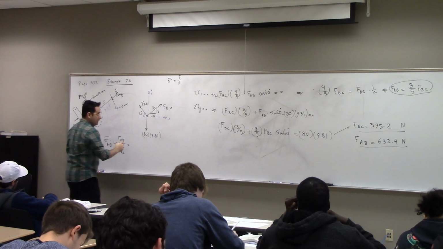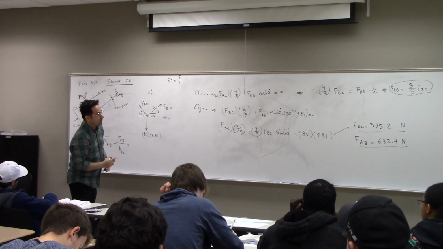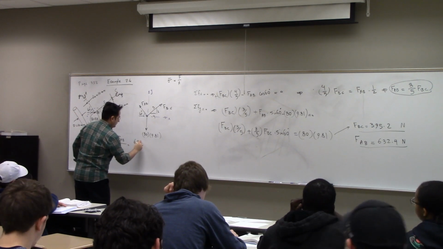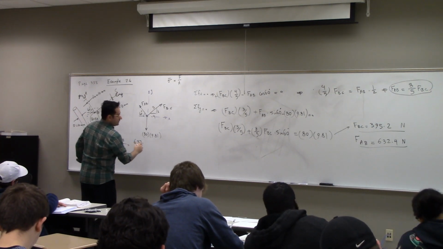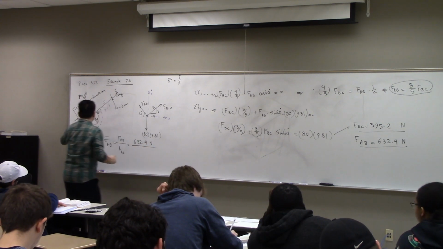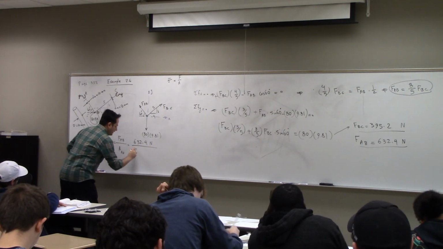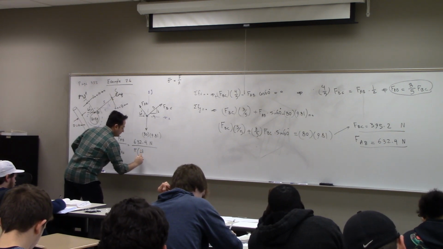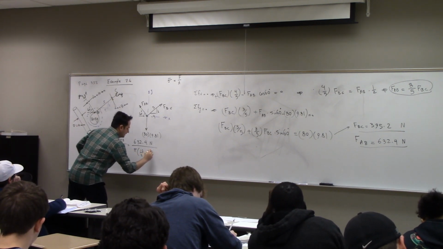So I say FAB, which was 632.4 Newton, divided by the area here, which is pi times the diameter, 10 to negative 3, squared.